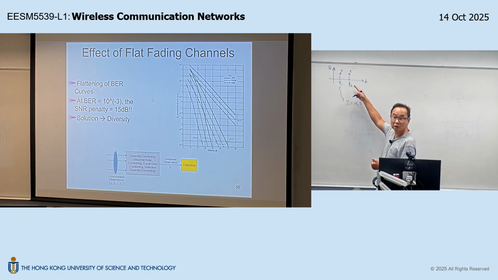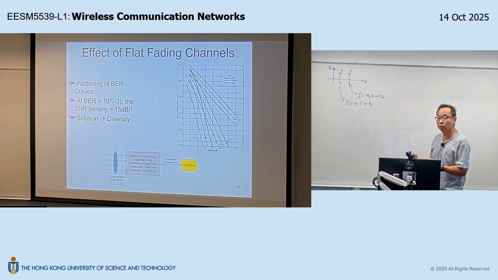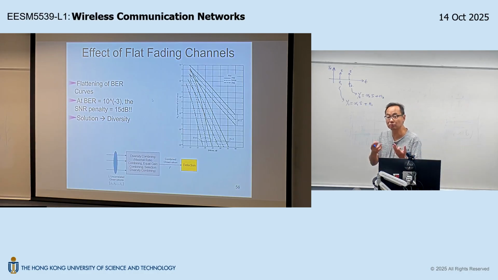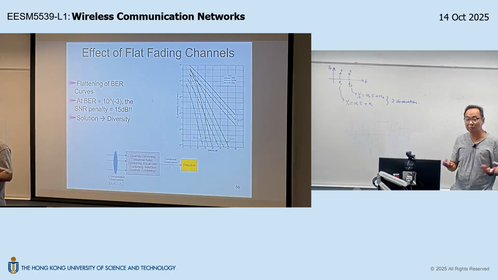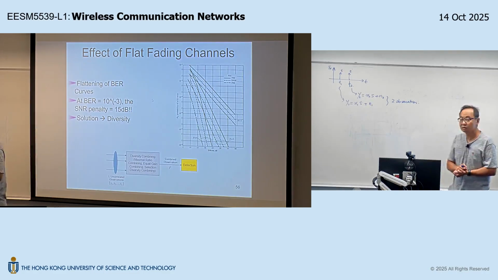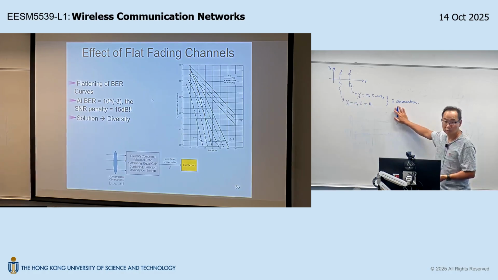In the second transmission, it will induce a second observation, which is given by alpha 2 s plus n2. Is that okay? So now, by repeating the transmission of the same symbol 2 times, I created 2 observations, right? And these 2 observations will be available to the receiver at 2 different times, right? So now I created 2 observations.